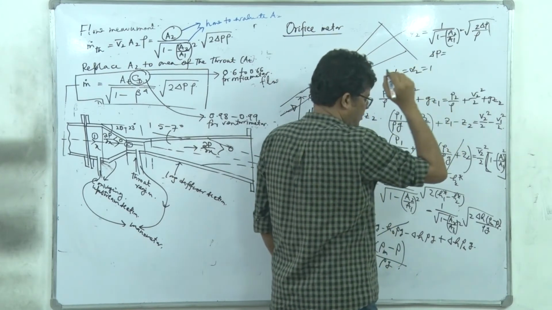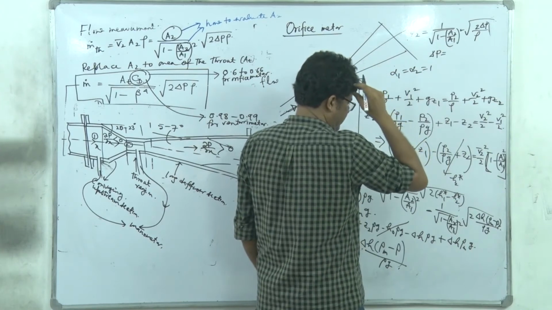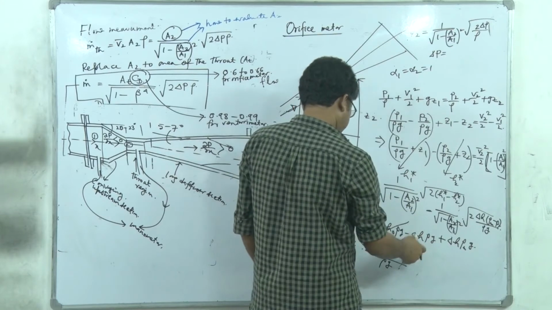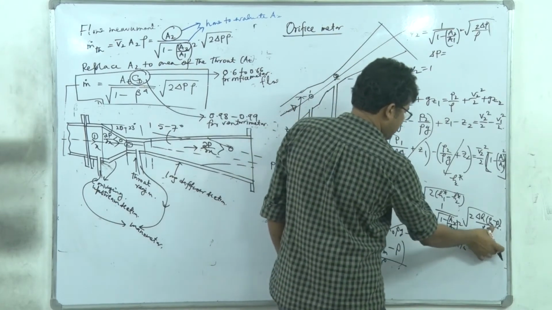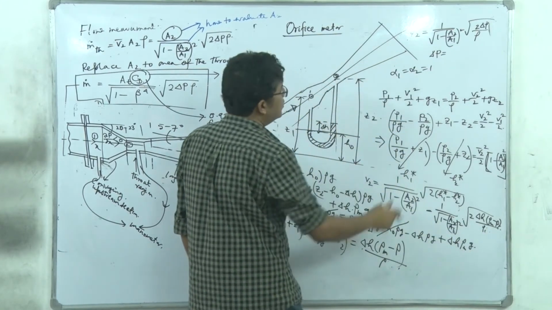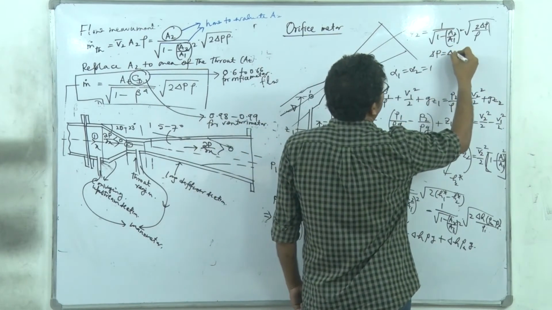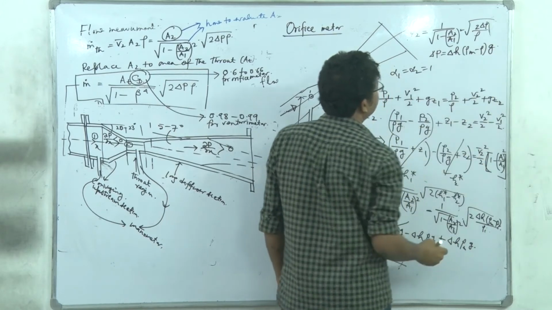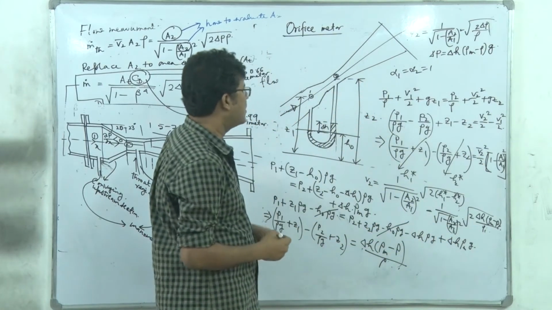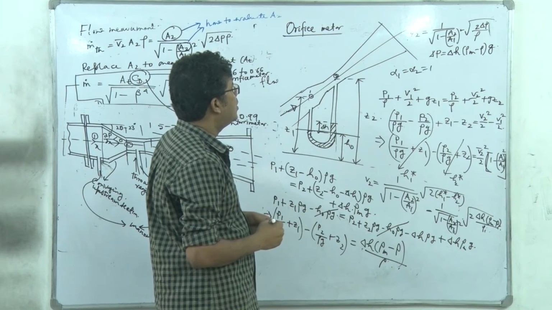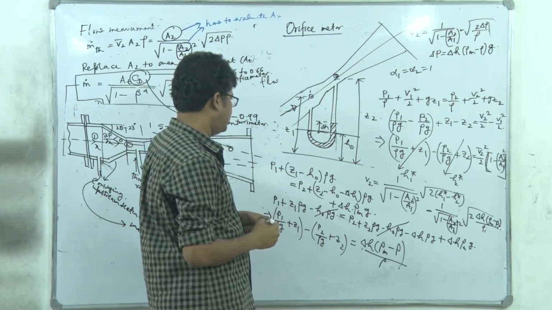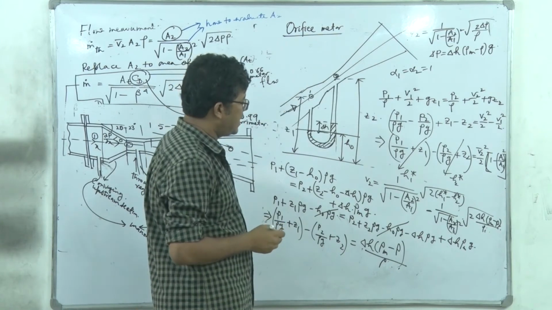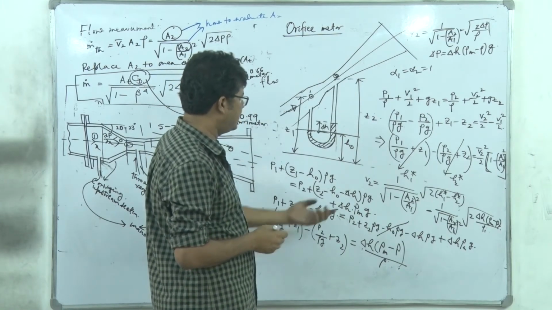Here G will not be there because G cancels out. So delta P is equal to delta H into rho m minus rho into G. So basically we are getting the same equation, and here it is the piezometric head.